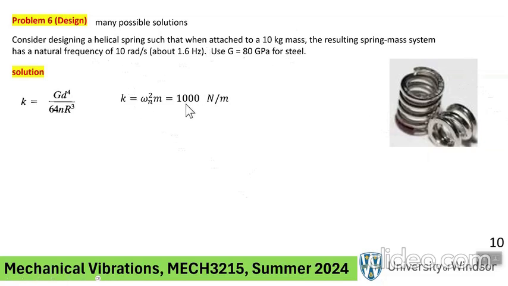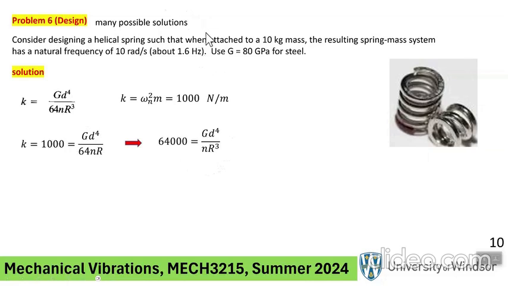We get the stiffness, and then you know that the left hand side is 1000. Okay, so this is what you got. You have to make some choices here. For example, the G we know is the shear modulus, which is right there. Now, you have a choice on diameter, number of windings, and the mean radius. So those are your choices, okay?